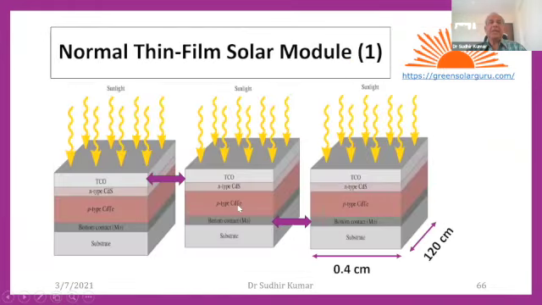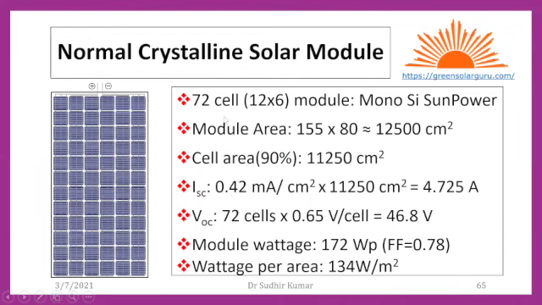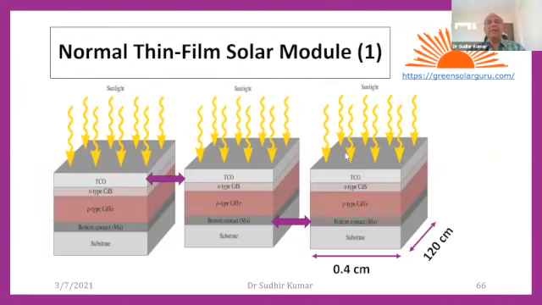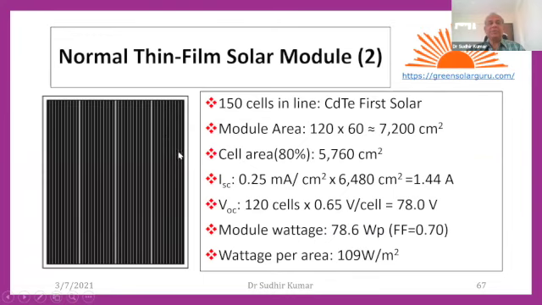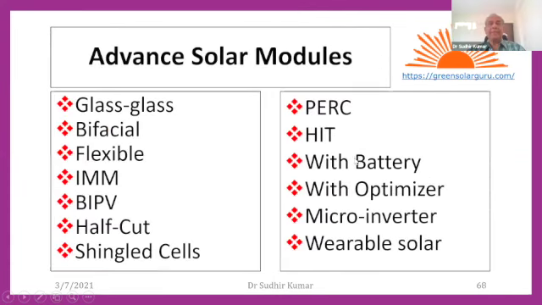Here in the crystalline we had 72 cells. Here we have these strips of 150 cells. And that is a sample of cadmium telluride for solar cells. And you can see here that this is a module, wattage is 78.6 watt. So this is the basic difference between the crystalline and this one.